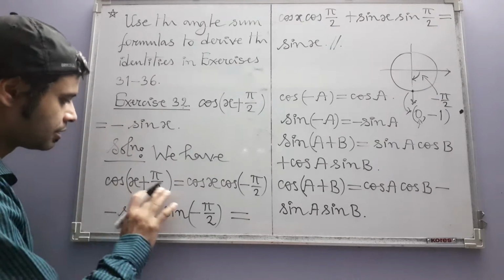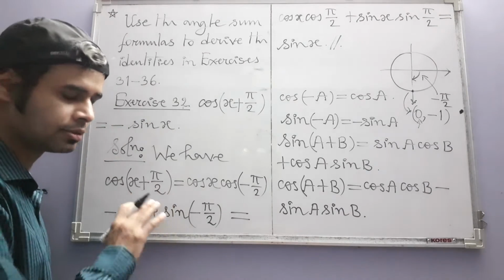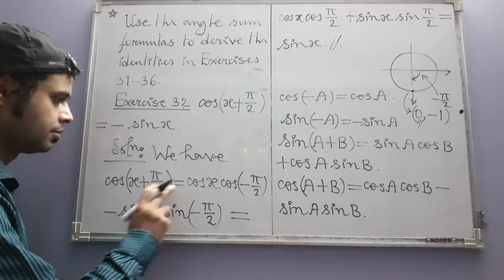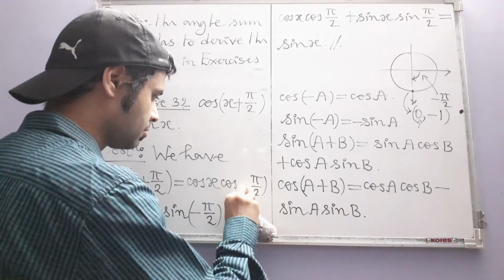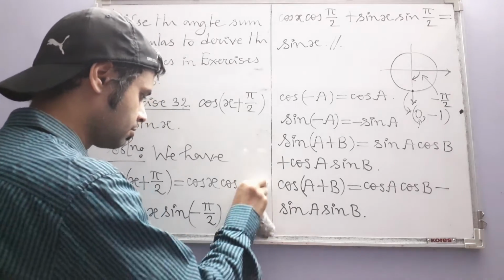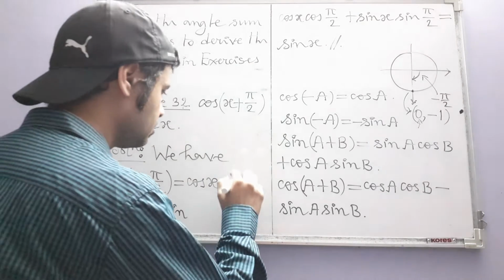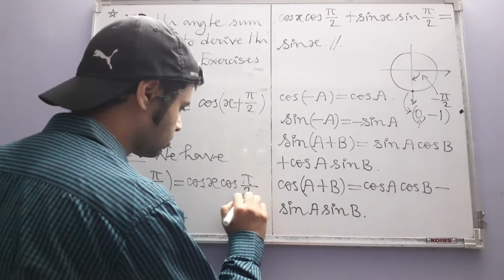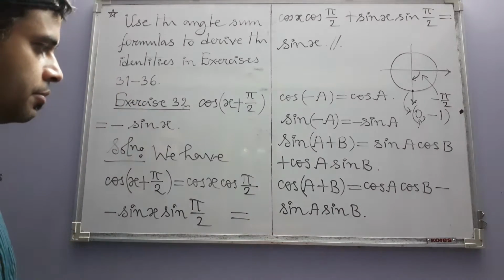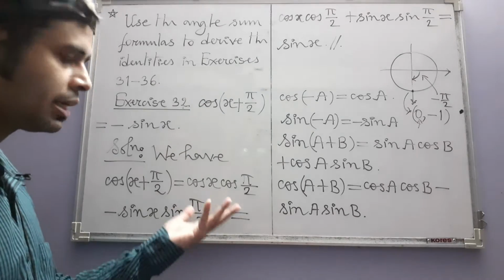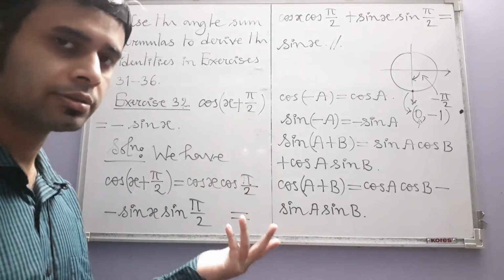Now we are having our actual cos of a plus b, where no negative things are involved. So it is just simply this. Now you can just directly use the values of these quantities that you already know.